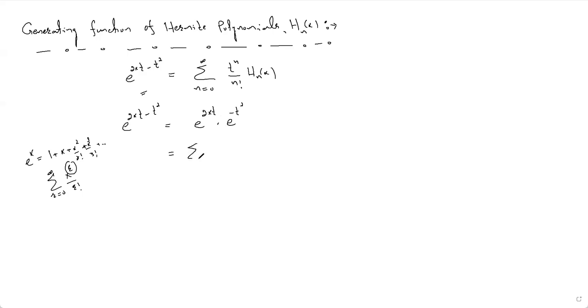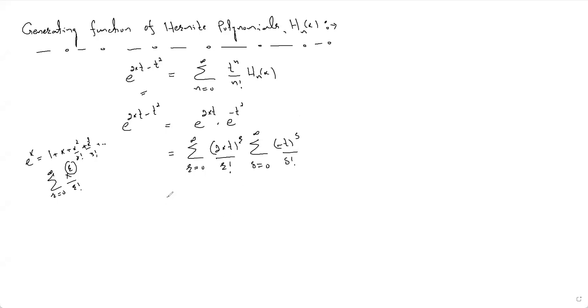So how will I write this? I will write this as the summation r running from 0 to infinity of 2xt raised to power r divided by r factorial. Similarly, here I will write the summation s running from 0 to infinity, where now my x is minus t square, so minus t square raised to power s divided by s factorial.